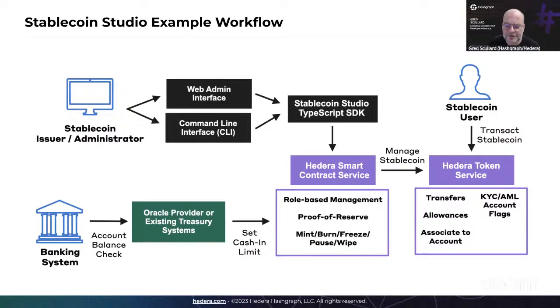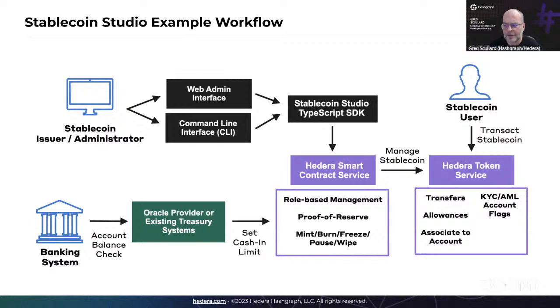On the left-hand side, we have a description of what proof of reserve might look like. So with proof of reserve, we integrate with an Oracle, and Stablecoin Studio implemented Chainlink's proof of reserve contract interface. If you've chosen to deploy proof of reserve, then through an Oracle, you would update a smart contract on the Hedera network with the balance of the reserve account for the stablecoin whenever that balance changes.